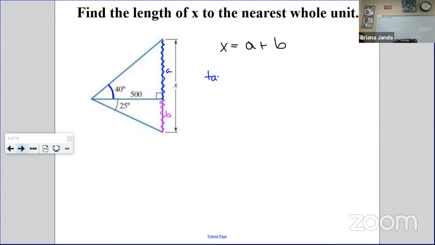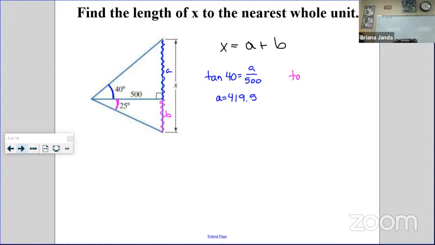So again, I'd set up a tangent equation. And again, the way that's set up, I would be multiplying, and I get 419.5.